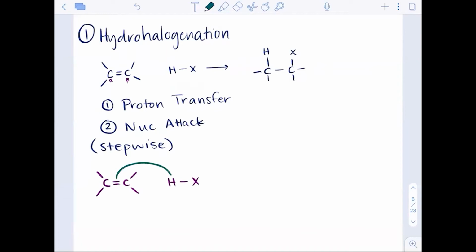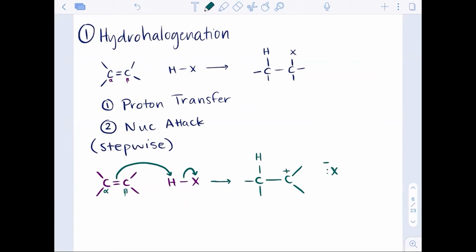First step, proton transfer. Our alkene will react as a base. What that will do is it will put the hydrogen on one side of the double bond and put a carbocation on the other. We also make X minus.